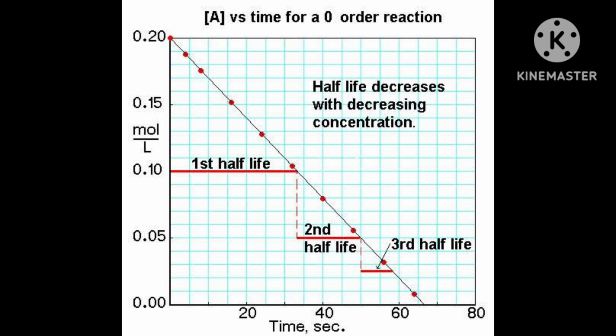For zero order, K is equal to R0 minus R divided by T. This is the expression for K, the rate constant. K is equal to R0, the initial concentration, minus R, the concentration at any time, divided by T.